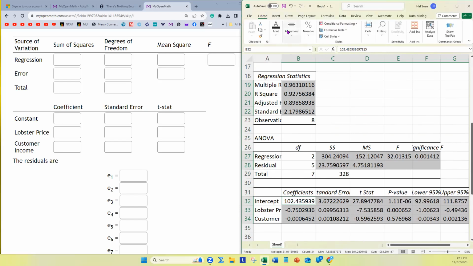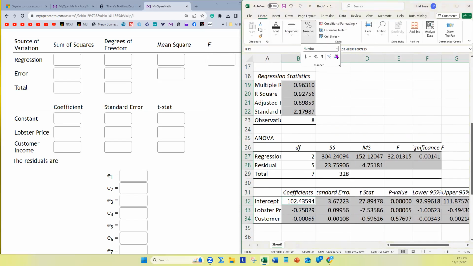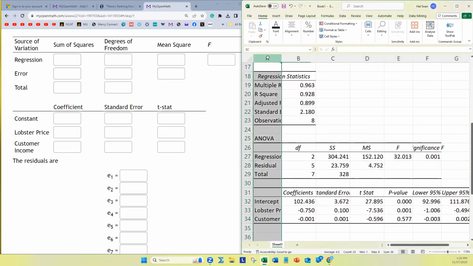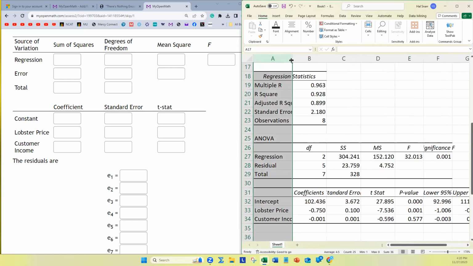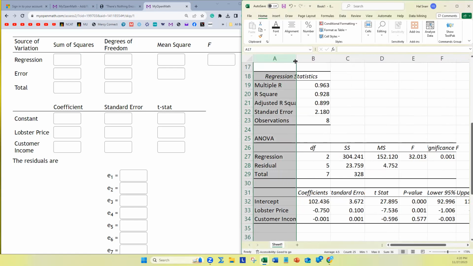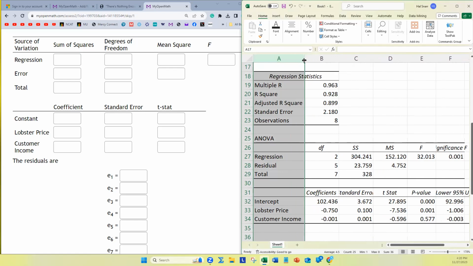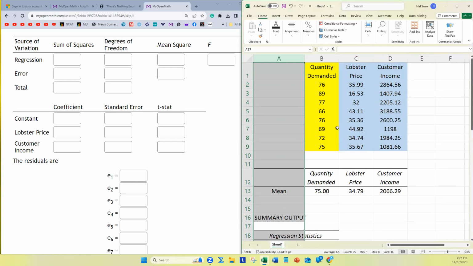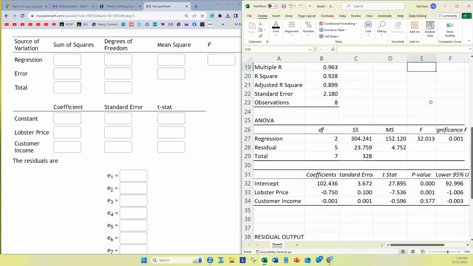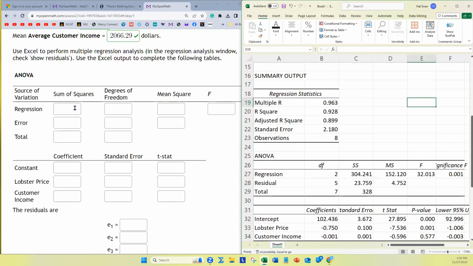I'm gonna go up here to home, number, and then change the number of decimal places to 3, right? I'm also gonna widen column A so I can see the names of the stuff. There we go. Okay. Now it's just a matter of typing the numbers in.